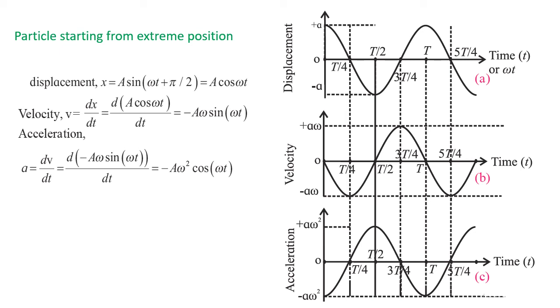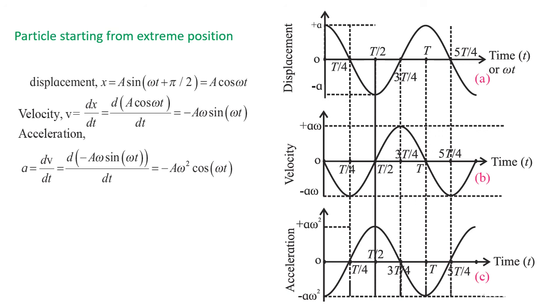The graph shows the particle starting from extreme position towards positive, so it has the maximum displacement, which is A. When the particle is at extreme position, momentarily its velocity is 0. So in the velocity time curve you can see it is 0, and the acceleration is maximum, with the value minus a omega square.